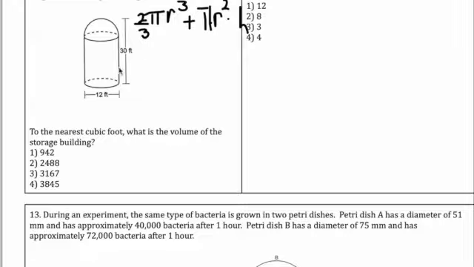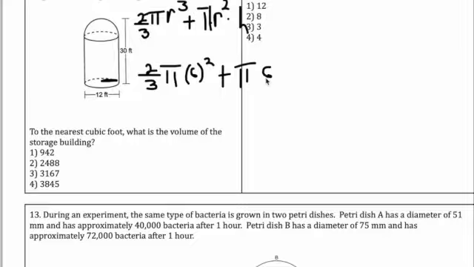So r is half, because it's the same radius. So we have 2 over 3 pi, 6 cubed, plus pi, 6 squared.